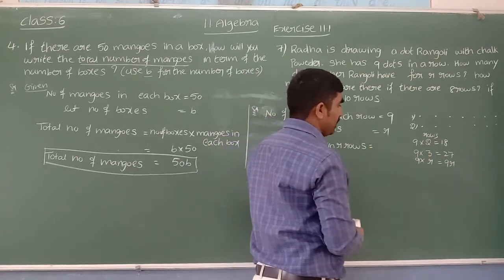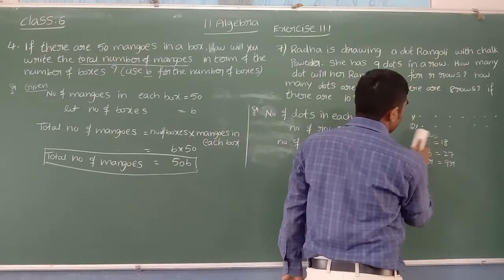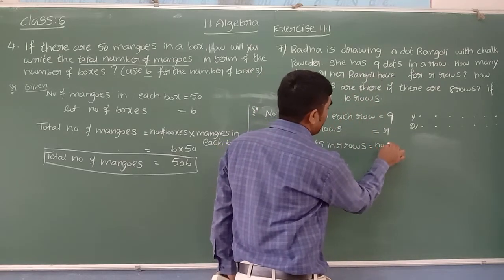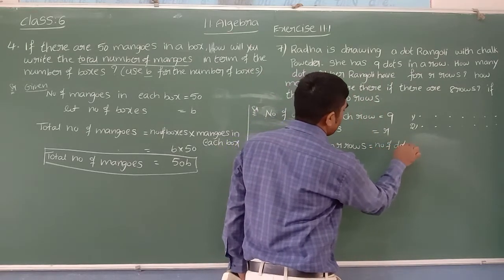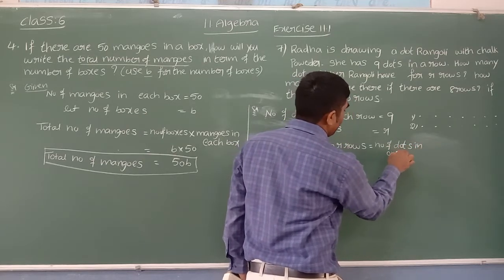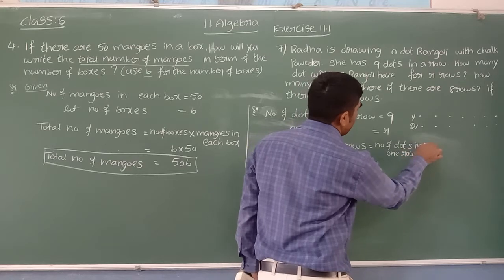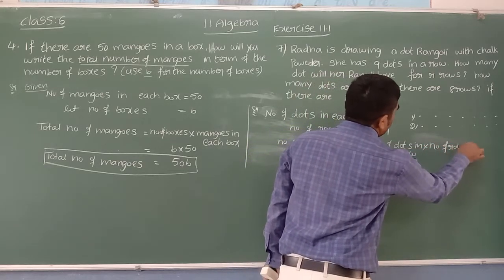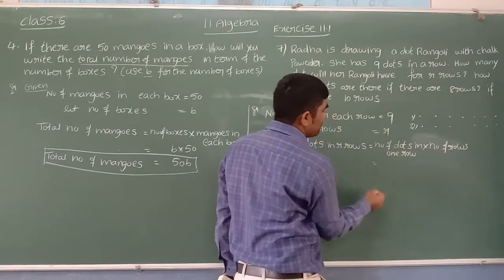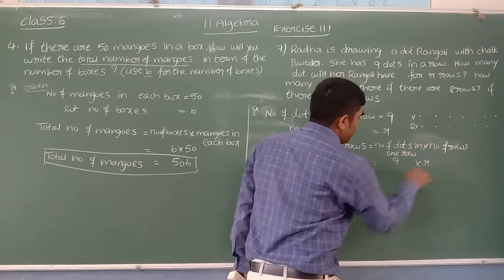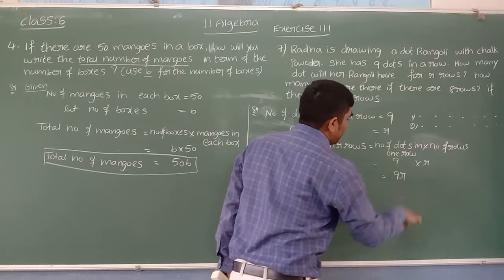Number of dots in each row, or in one row, into what we can write here? Number of rows. Into what beta? Number of rows. You can see there number of dots in each row 9 into how many rows are there here? R rows. 9 into R which gives 9R.